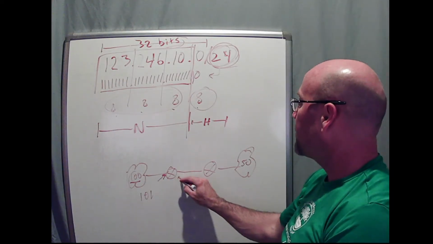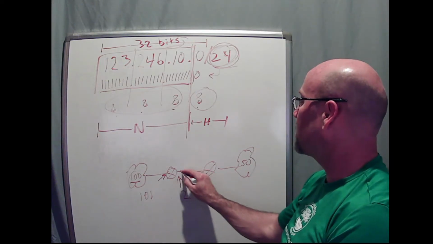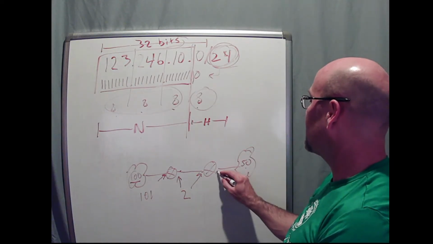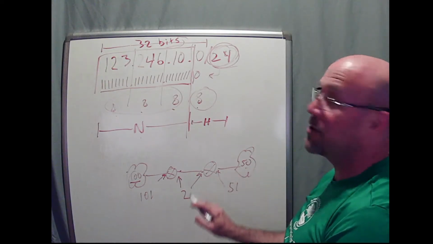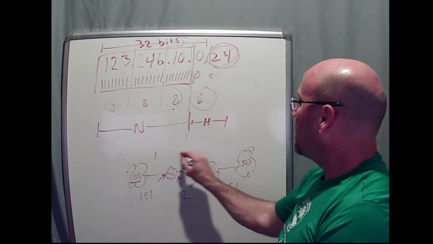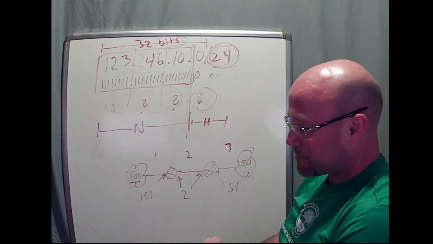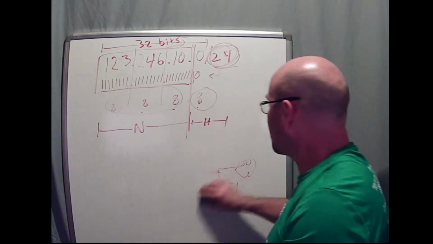You need a subnet that at least has 2 for the 2 router interfaces, and you need a subnet that at least has 51 for over here. So you need 3 subnets.